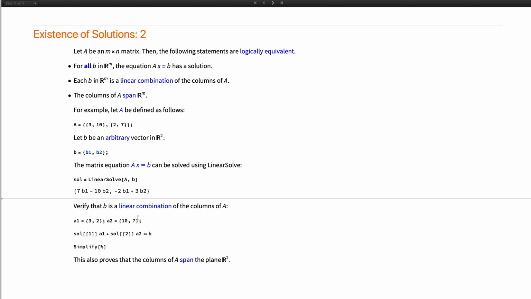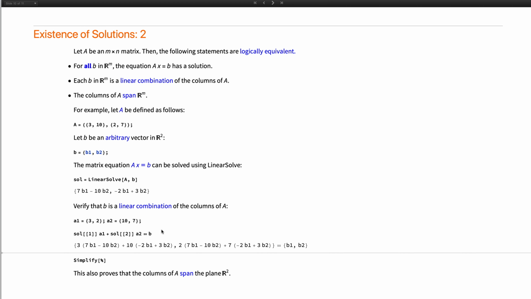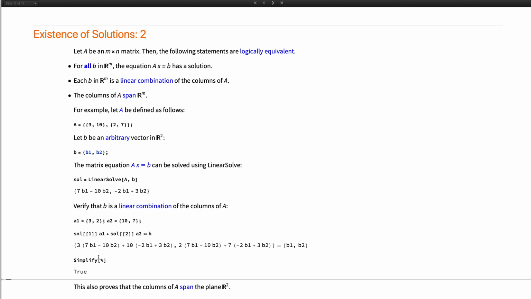And let's check it's actually correct. So here you're trying to plug back. You do the first entry times the first column of A, the second entry times the second column of A equal to B. And oh, that doesn't look right. Well, I didn't simplify far enough. So if I apply a simplify function, then I actually get back true. So the point is, it looked like we didn't get the answer over here, but in fact, just a bit of simplification gives you exactly the required result.